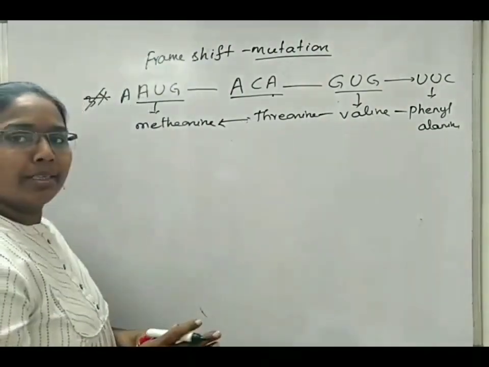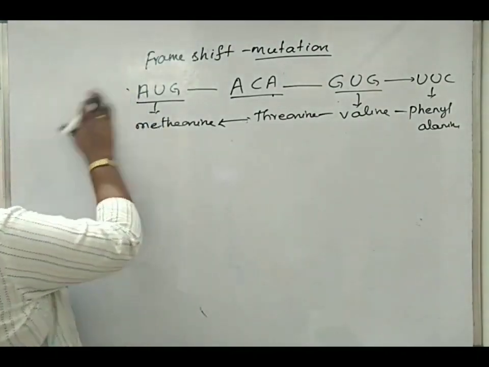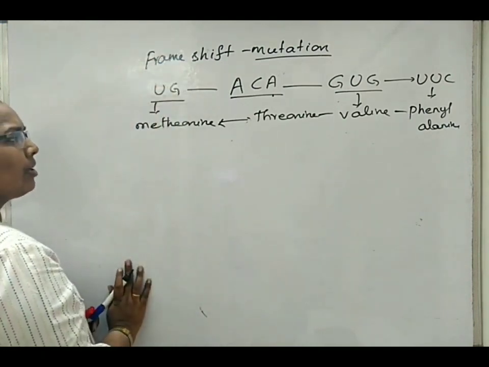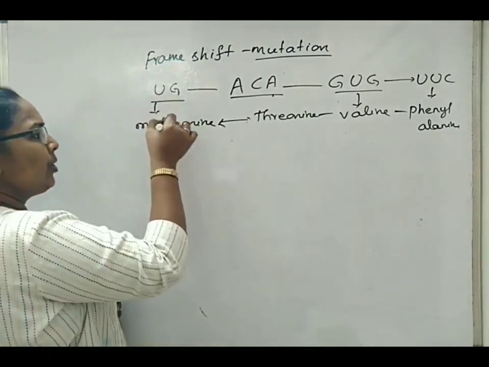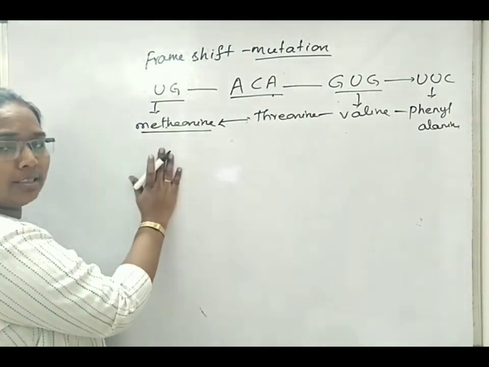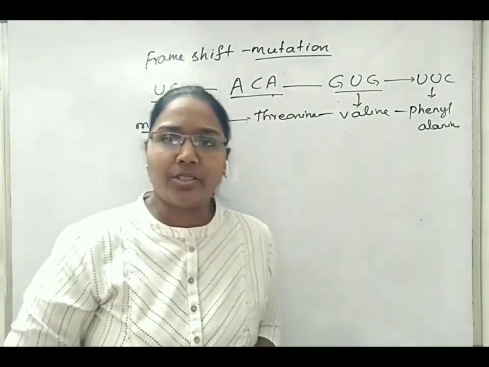If it is not eliminated, then the mutation will continue as it is. If any one nitrogen base was deleted or removed, then also the total framework is changed. So this methionine initiating amino acid by the codon is not synthesized. Then also there will be complete disturbance in the total protein structure.